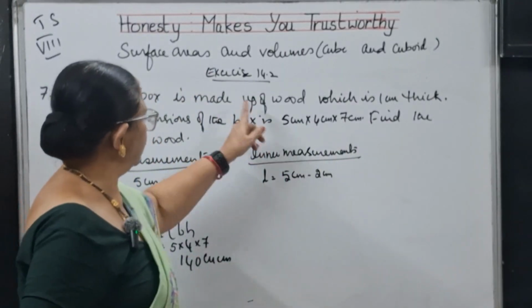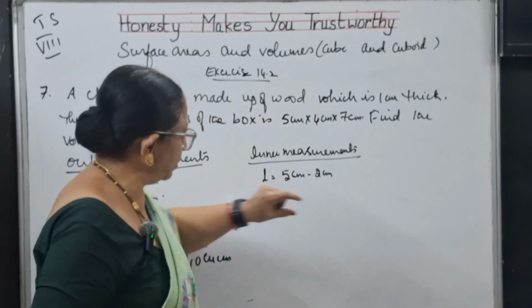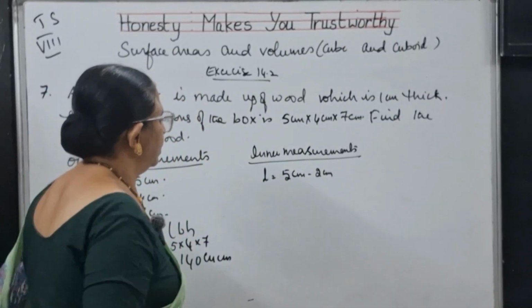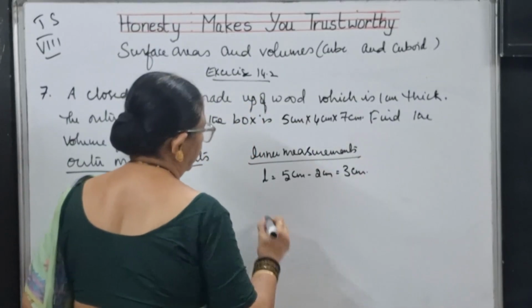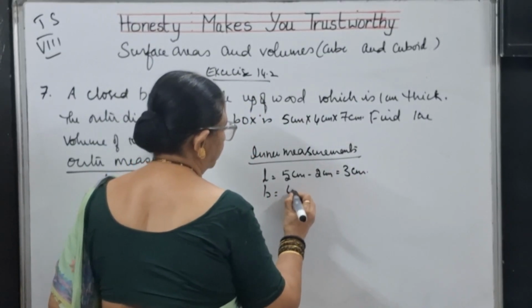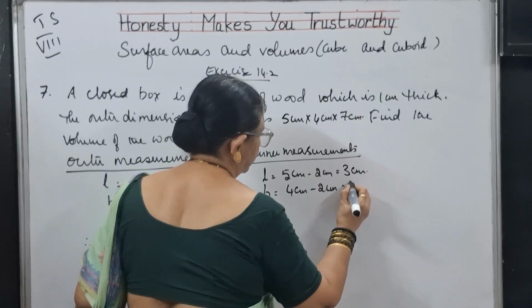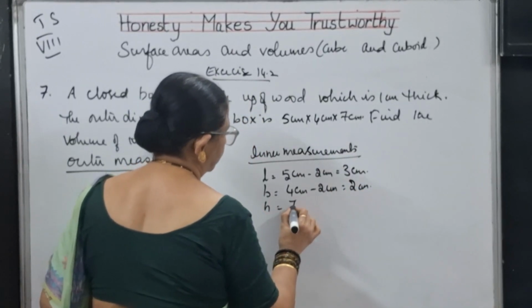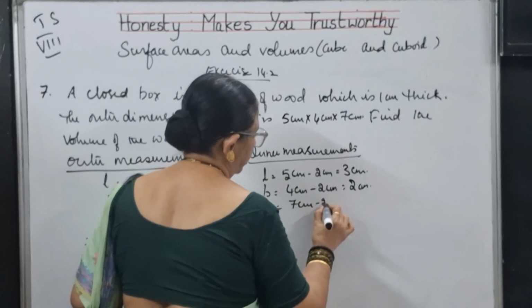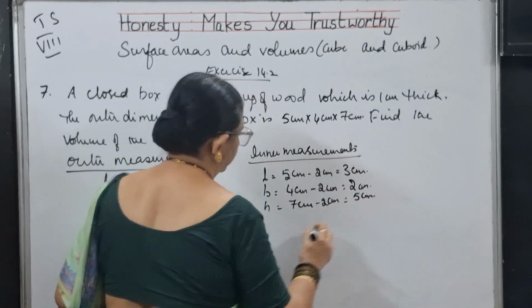Because the thickness is 1 centimeter on the right side and 1 centimeter on the left side, total 2 centimeters. That means 3 centimeters is the length. Breadth is equal to 4 centimeters minus 2 centimeters, that is 2 centimeters. Height is equal to 7 centimeters minus 2 centimeters, 5 centimeters.